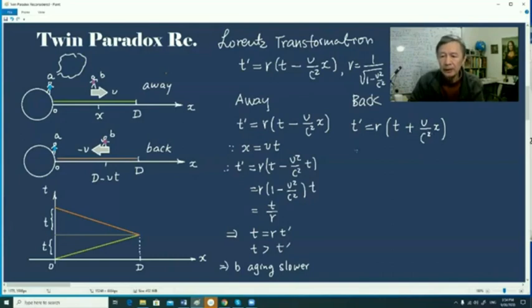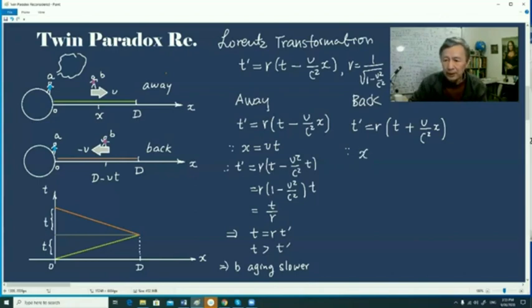This is step 1. Another thing is how to describe the position of twin B on the way back. Now, this is a formula. If we start counting time from 0, then we can certainly have this formula.